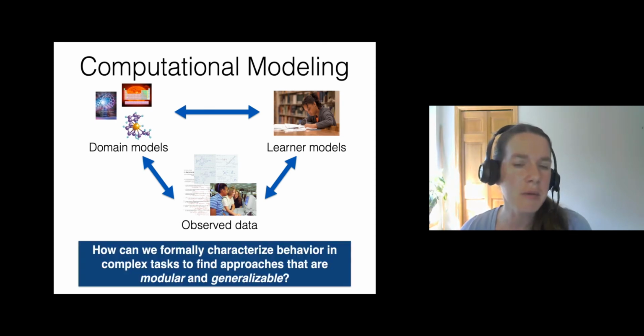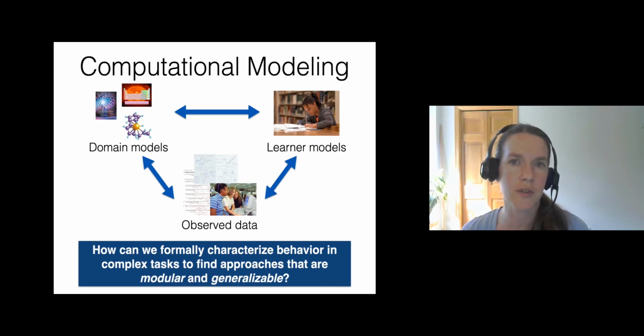In particular, I'm going to be interested in trying to formally characterize behavior in these complex tasks in order to find approaches that are modular and generalizable. We can state how all the variables are related to one another and then try to make inferences about those that we don't get to observe directly, like what a student understands and what she misunderstands.